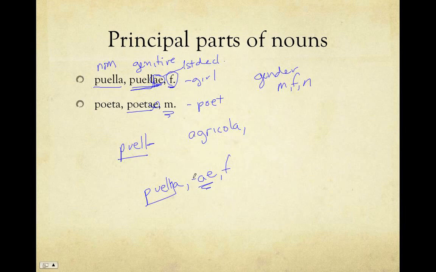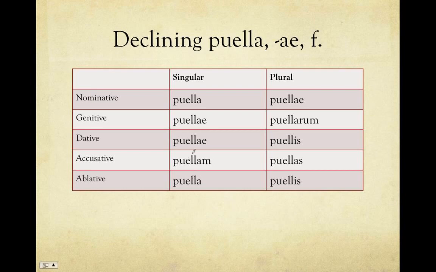Now, how to decline puella, puellae, feminine. Remember, it means girl. All right, so our nominative, remember we have our 5 cases, and we won't include the vocative here, although the vocative, with the exception of the second declension, is always the same as the nominative.